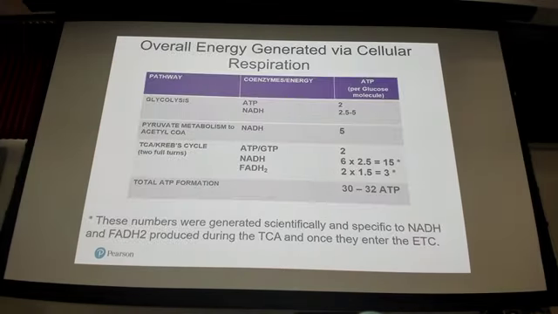So, cellular respiration is the pathway from glycolysis through the electron transport chain. And so, this is just a little chart telling us how much ATP we get for each pathway and combined.